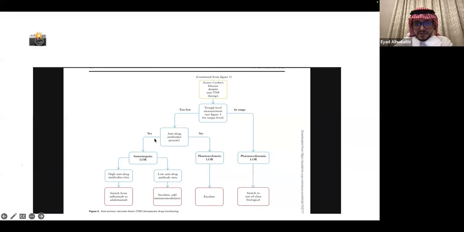And if there are positive anti-drug antibodies, then you will see if they are high or low. If high, then switch from infliximab to adalimumab, as in our previous question. But if low, then you can escalate or add an immune modulator.